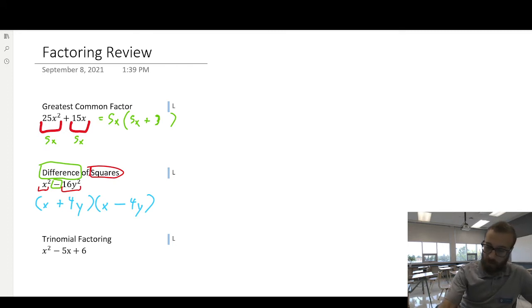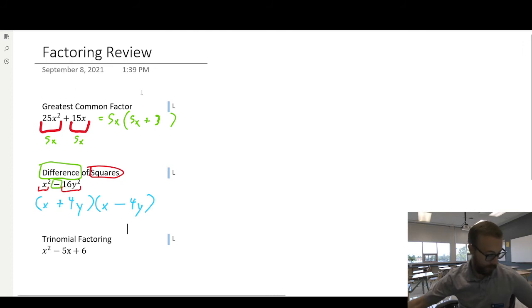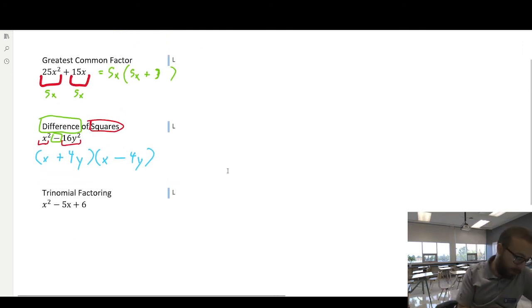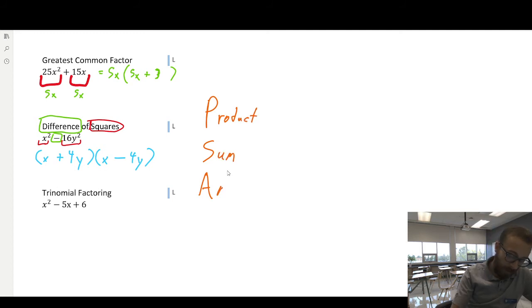All right, and the most complicated one is the trinomial factoring. Or the most challenging one. It's not that complicated, but it's definitely most challenging. So the process that you're going to go through, in our notes, what we call it is the PSA method. So this is product, sum, answer.